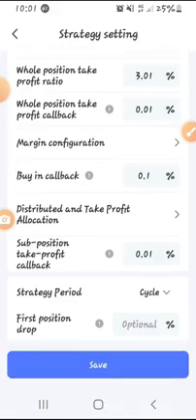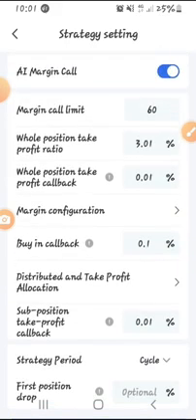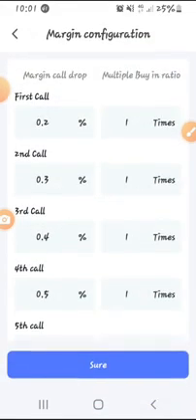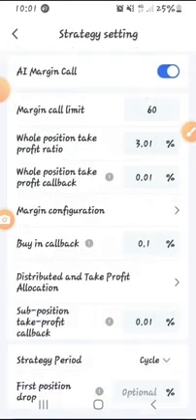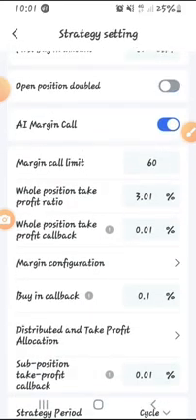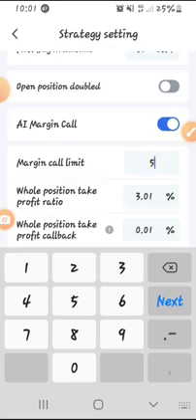But before we go, I'm going to show you a second way to make it easy. Let's say when the robot has just bought with the $60, immediately you have to come back and change from 60 to 5.